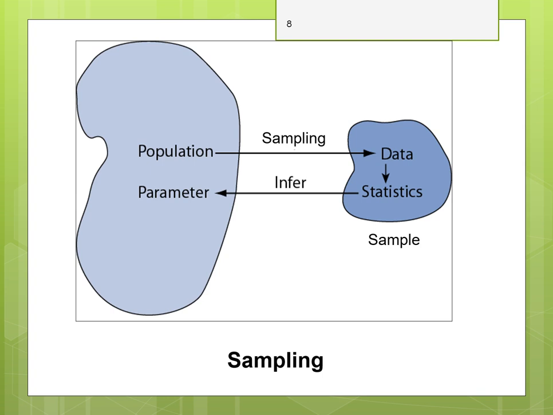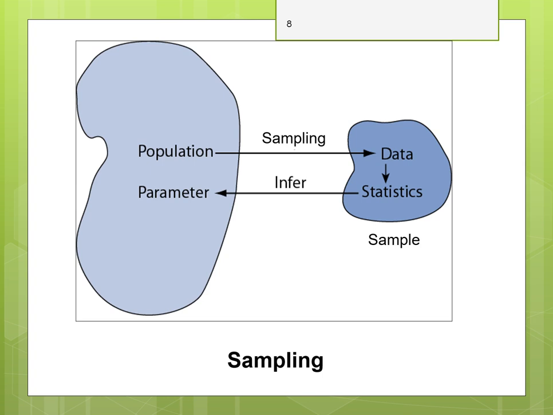So how can we choose the sample? How can we draw the individuals from the population? So can we draw, for example, all the women from the population? Is that right? Of course not.